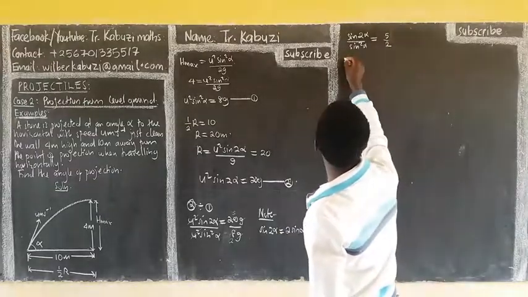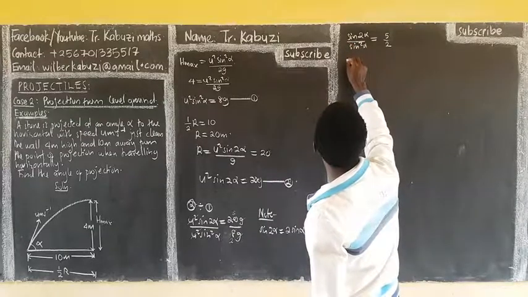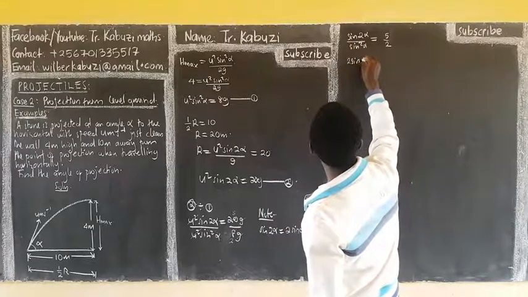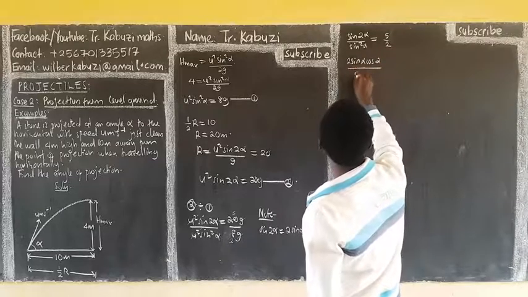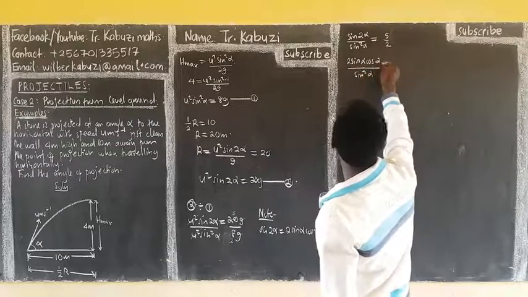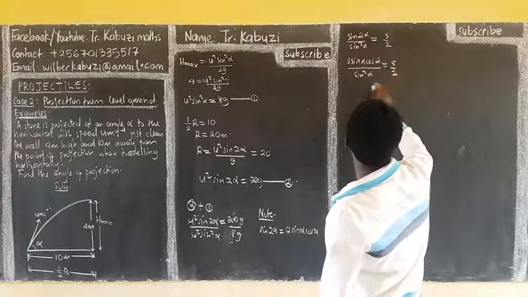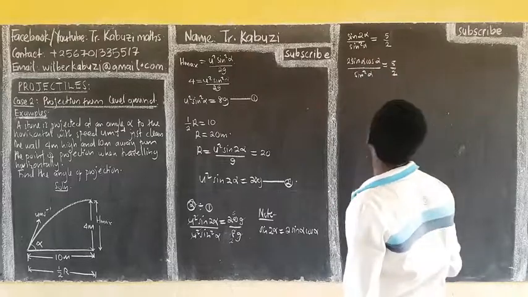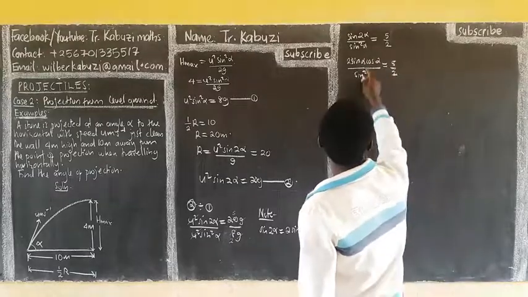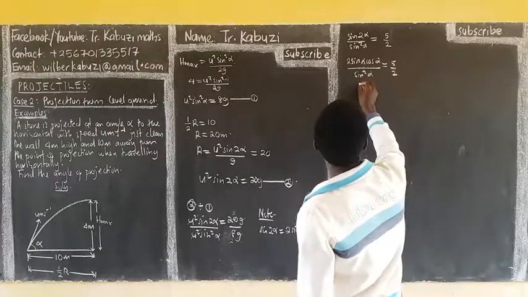Now we can easily cross multiply. So this is 2 sine alpha cos alpha over sine squared alpha equal to 5 over 2. Now you can see one sine alpha cancels, so I'll be having cot.